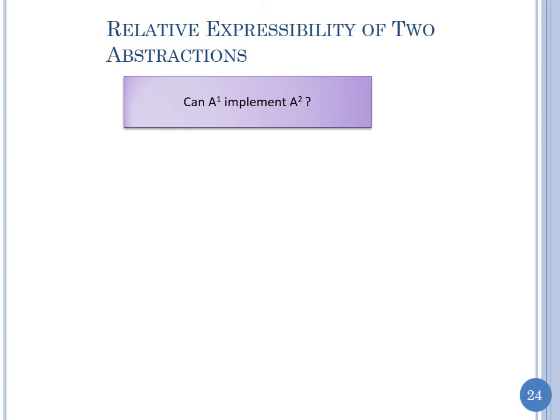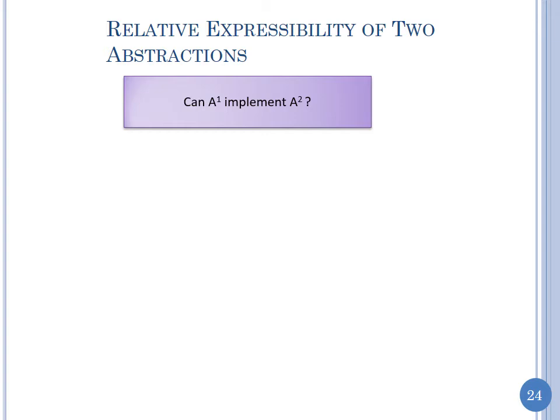Okay, so let me just back off a little bit. What have we done? We took some OMP constructs and showed that they can be implemented using constructs that we've already seen in Java and which you've used. Basically, we've compared two sets of abstractions and asked the question, can one set of abstractions implement another?